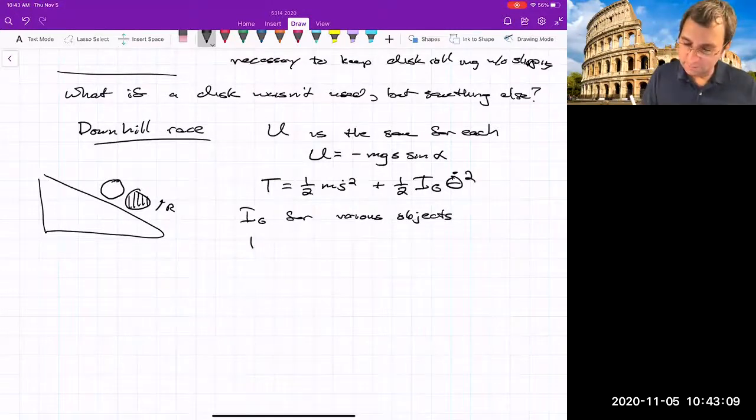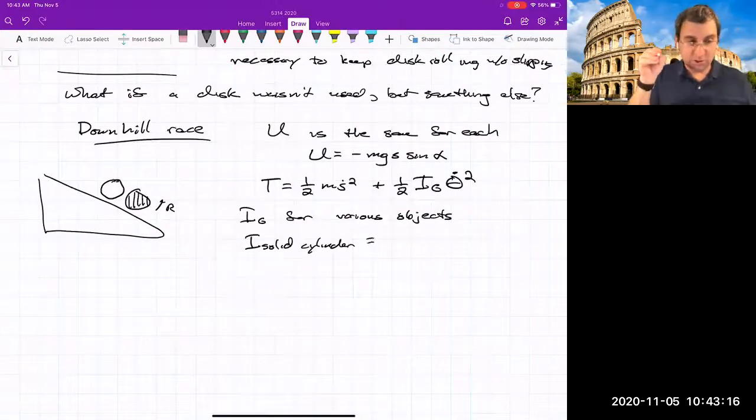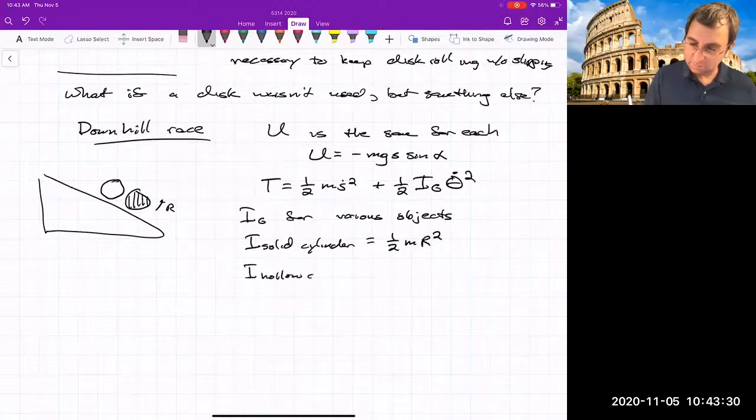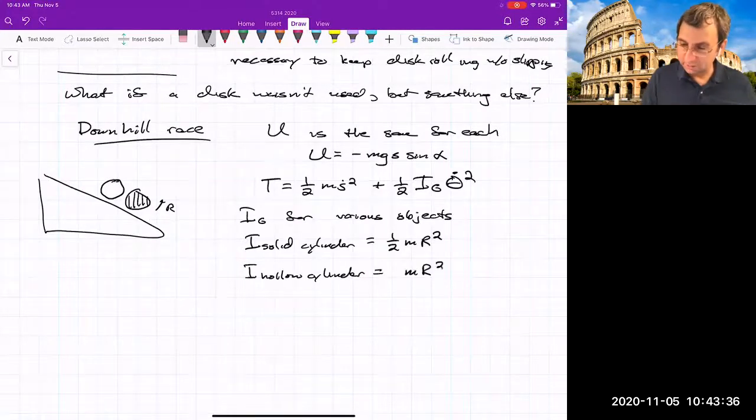For a solid cylinder, and you could just look this up, the moment of inertia about its axis of symmetry is 1/2 mr squared, just like a disk. For the hollow cylinder, this is just mr squared.